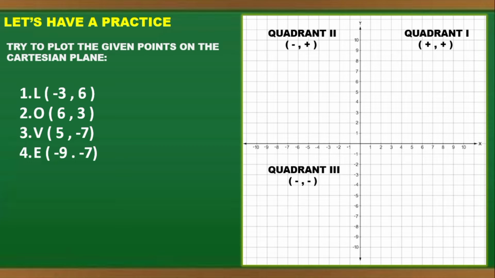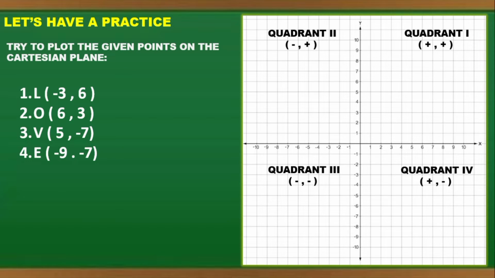In the lower left, we have quadrant 3, which gives us negative and negative. In the lower right, we have quadrant 4, which gives us positive and negative.